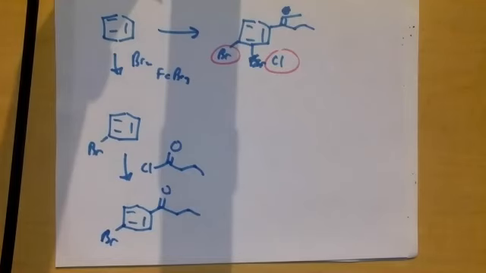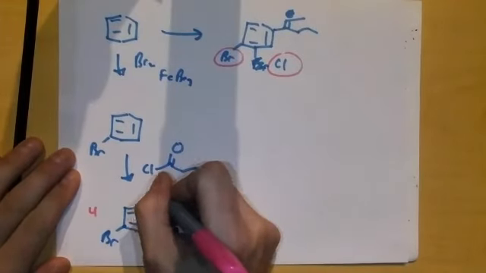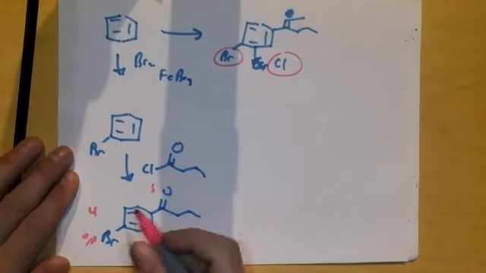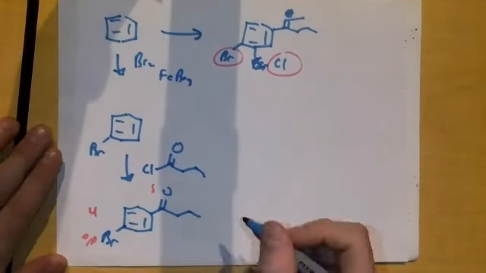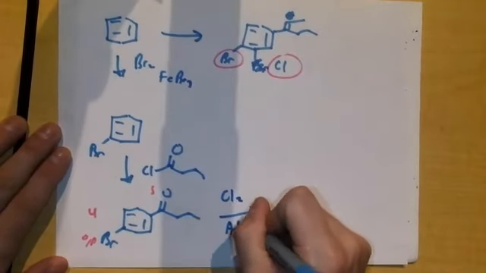I'm going to chlorinate now. We've got a 4 versus a 5. This is an ortho-para director. The para is blocked, so we can add to one of these 2 orthos. So I add in my Cl2, AlCl3.